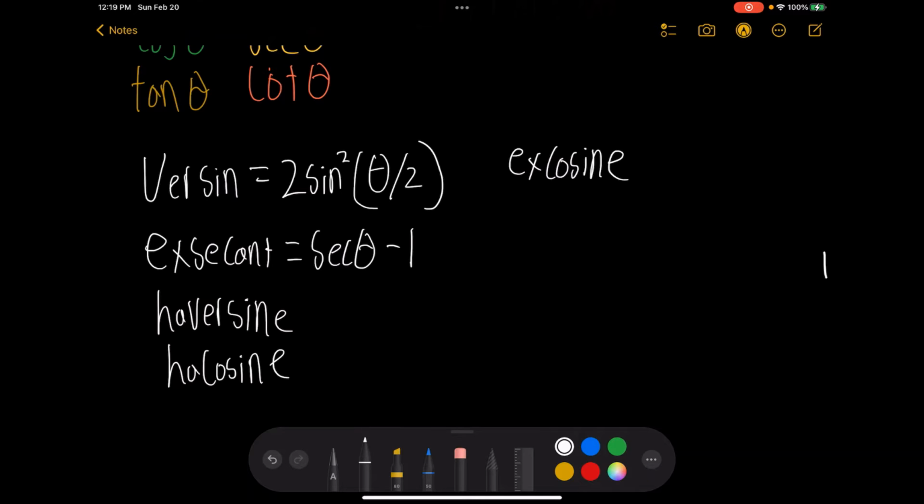Look, we got 1, 2, 3, 4, 5. Finally we have haversine, coversine, havercosine, exosecant, and exsecant, and wow, look at all the ones we now have here.